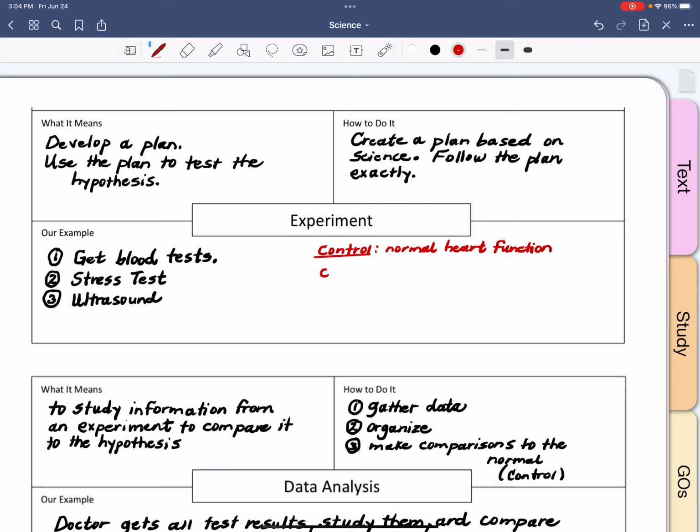The constants, there would be several constants in these tests. Each test would have things that cannot be changed. For example, on the blood test, the constants would be the expected values. These are things that are standards for comparisons. A factor that doesn't vary in an experiment.